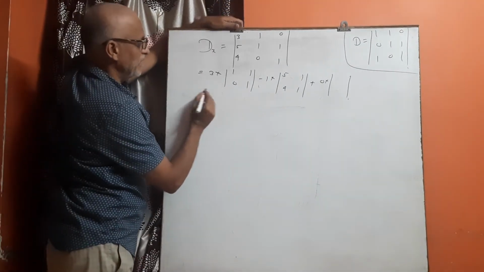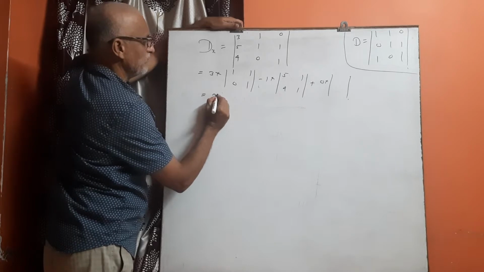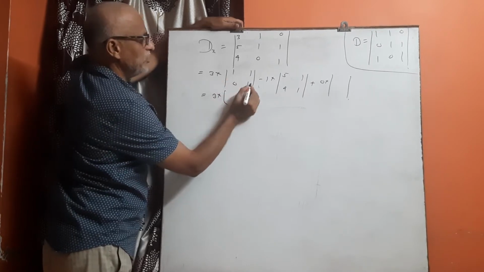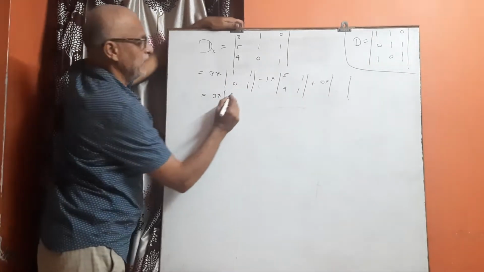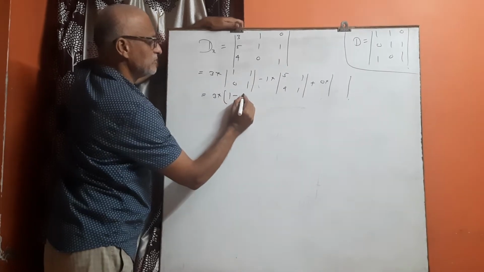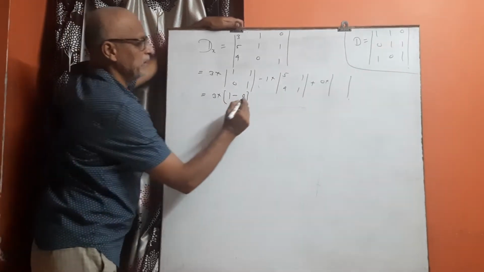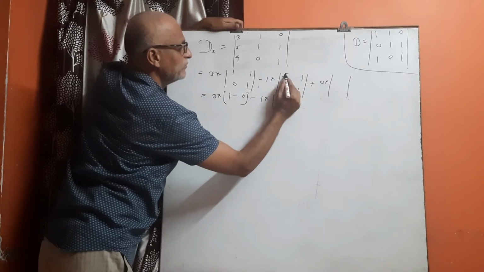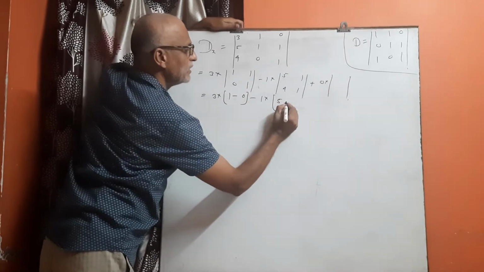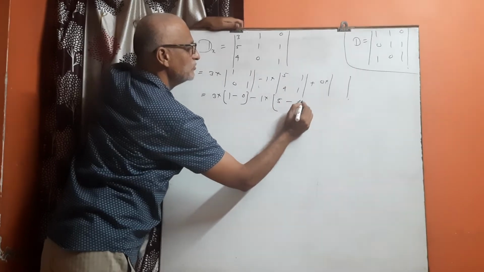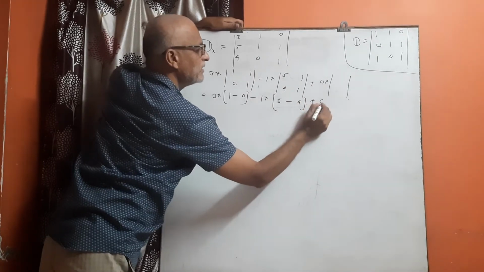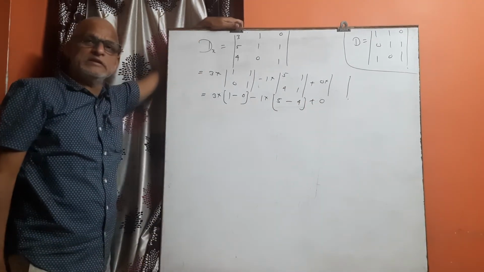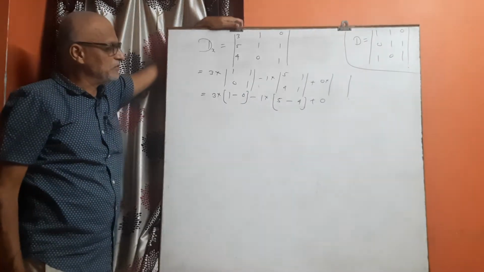Now if you simplify it, this will be 3 into 1 into 1 that is 1 minus 1 into 0 equals to 0, minus 1 into in bracket 5 into 1 that is 5 minus 4 into 1 that is equal to 4. और ये आएगा आपका 0 because 0 into any number is equal to 0.